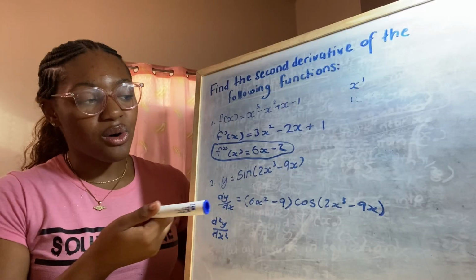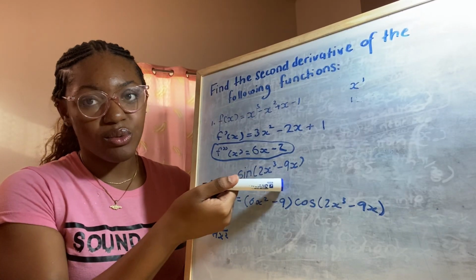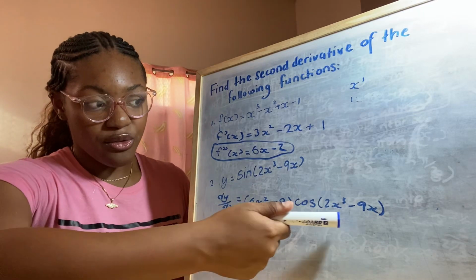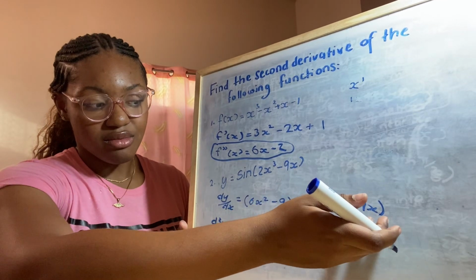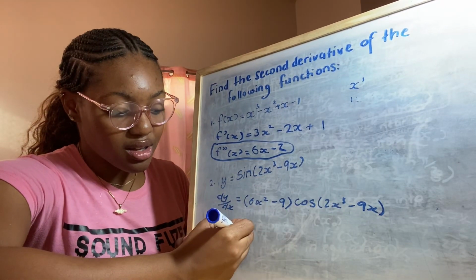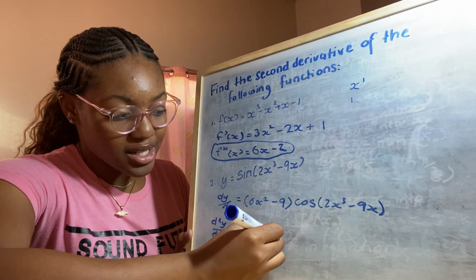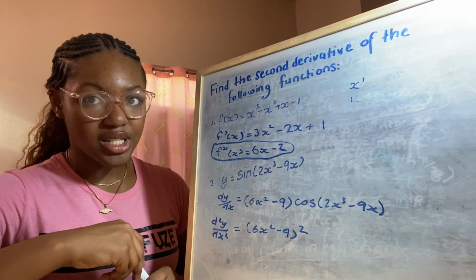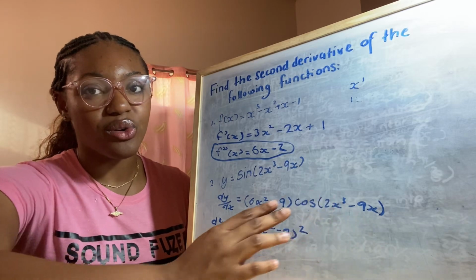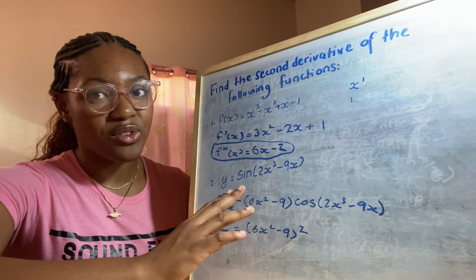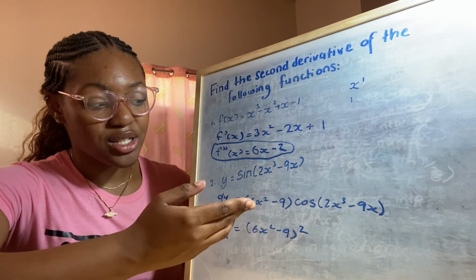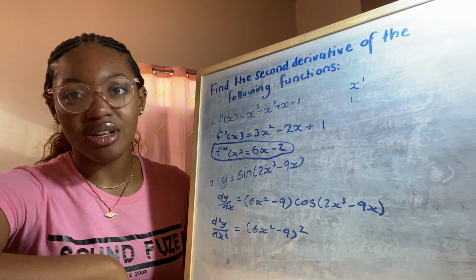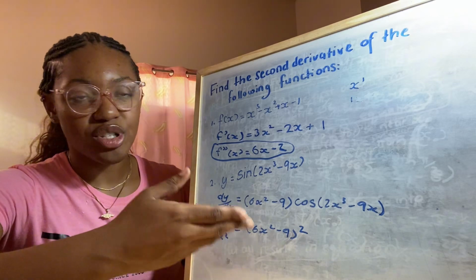Just like how we said that what's in the bracket differentiated is 6x squared minus 9, if we're supposed to differentiate it right here, it's going to give us the same thing. So I can just write 6x squared minus 9, squared. Because when I differentiate this and it becomes a coefficient, I have to multiply it by the coefficient that's already there. And 6x squared minus 9 times 6x squared minus 9 is simply 6x squared minus 9 squared.